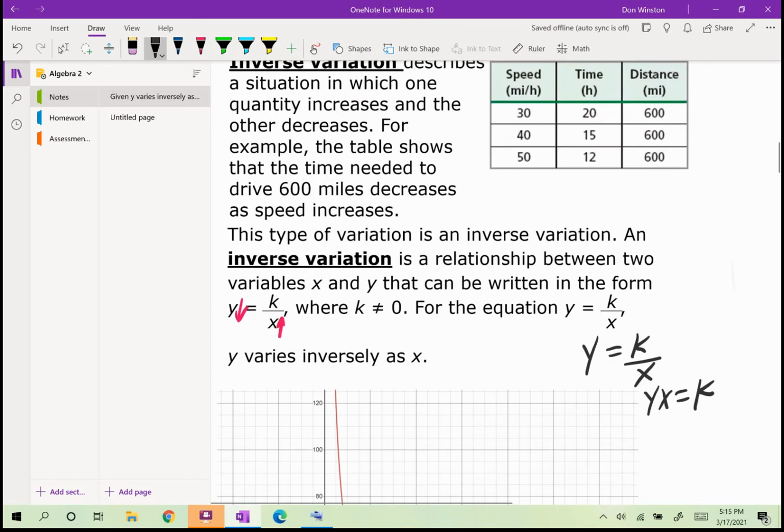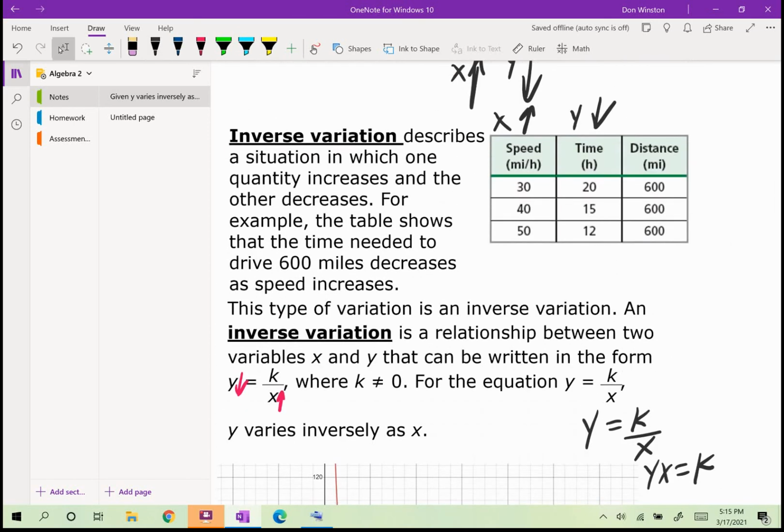So here we have this equation. As speed increases, the time to drive 600 miles decreases. And I want you to notice that as I take each x and multiply it by y, I always get the same value.